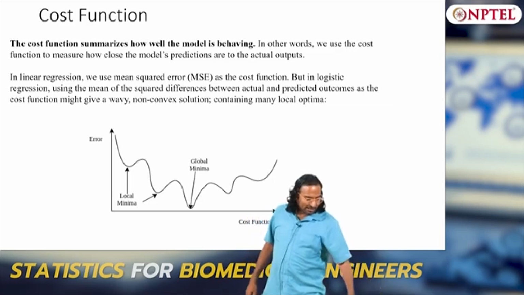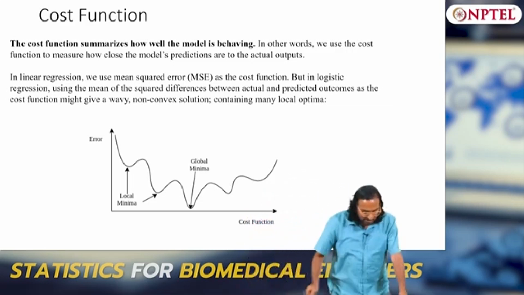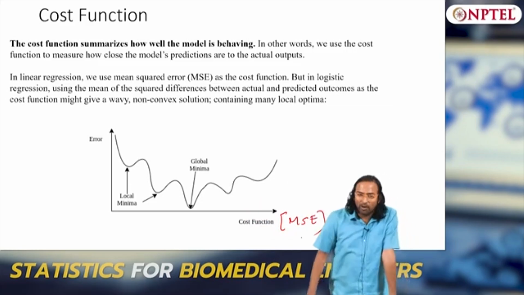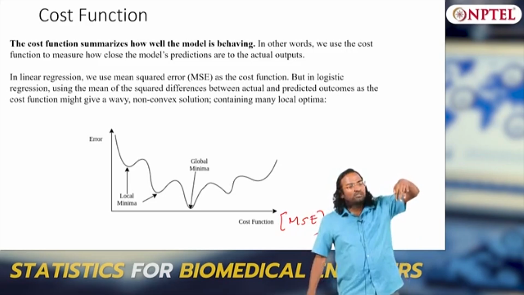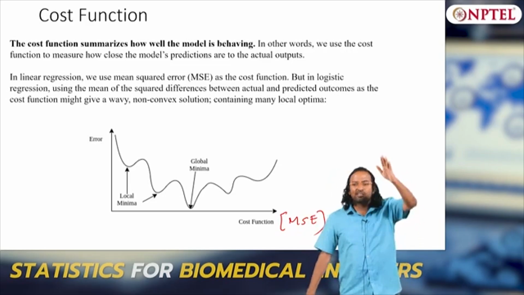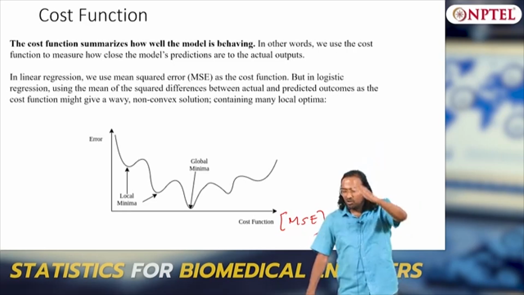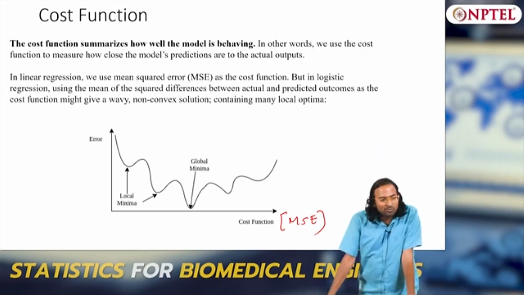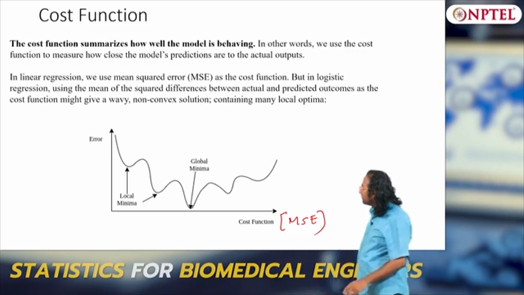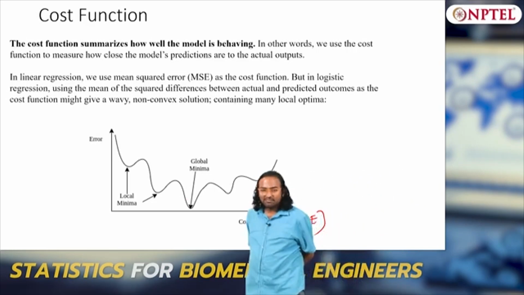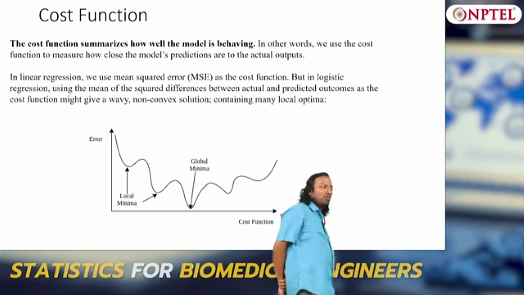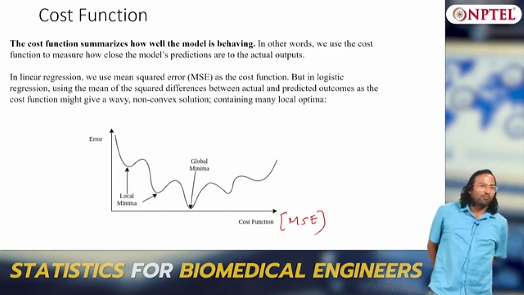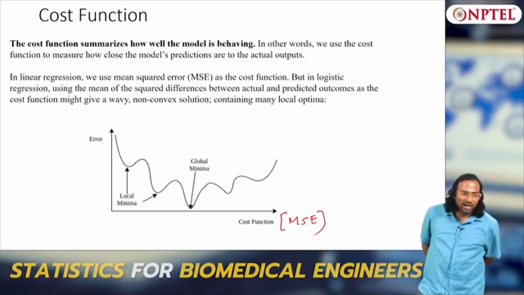I have drawn this here. If you just use the cost function, which is my MSE, the function is not going to be smooth. Why? You will have continuously zeros and then suddenly continuously ones, then zeros, etc. So this is going to be a bumpy function. You cannot obtain a global minima easily, you will have many local minimas, because MSE is just a summation of ones and zeros.